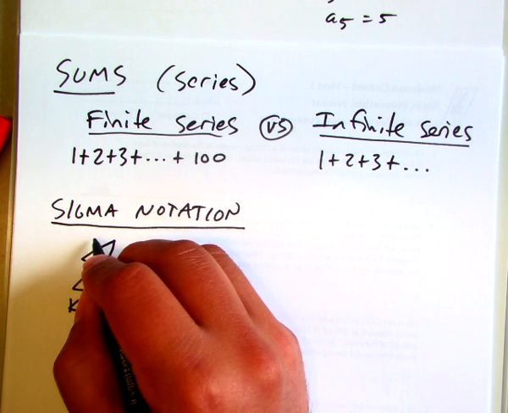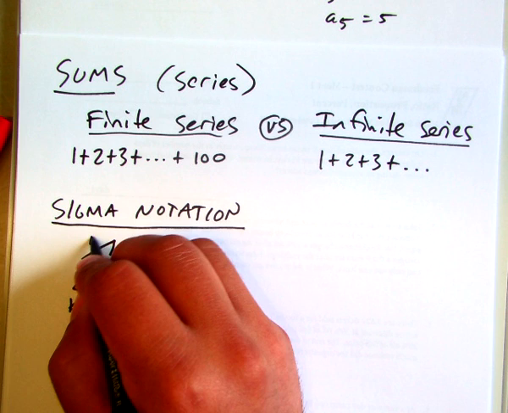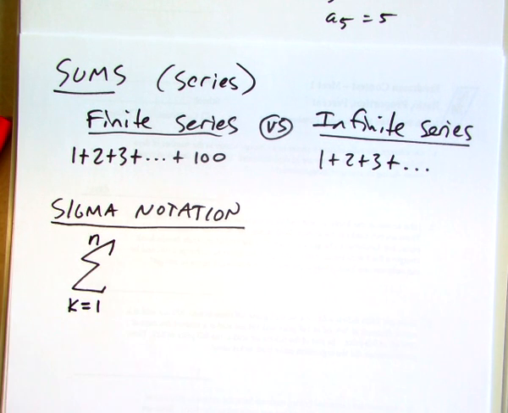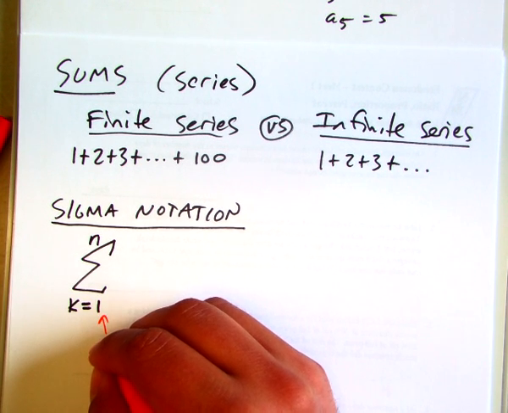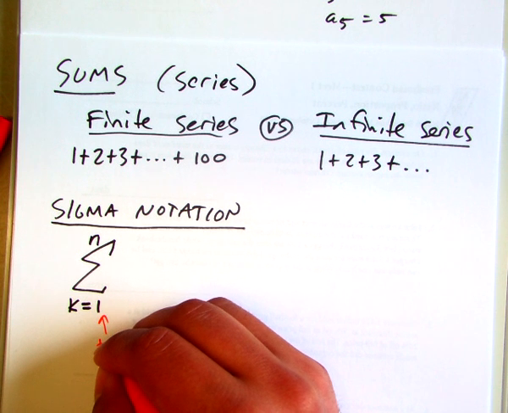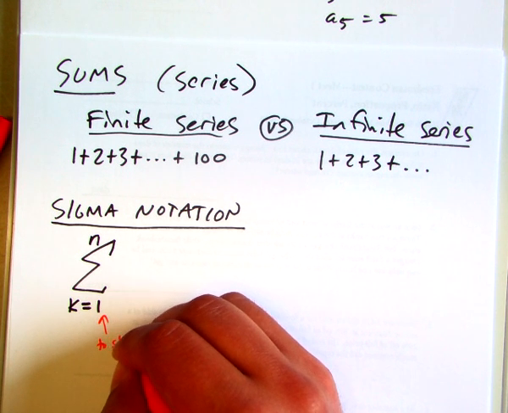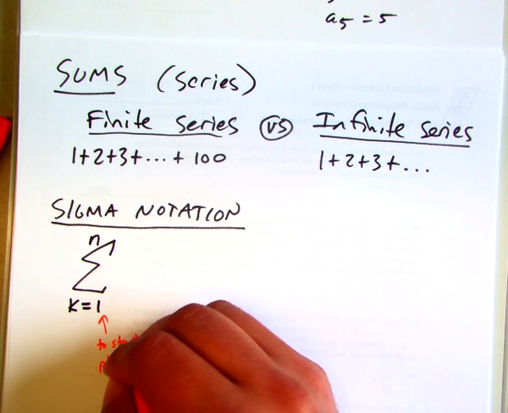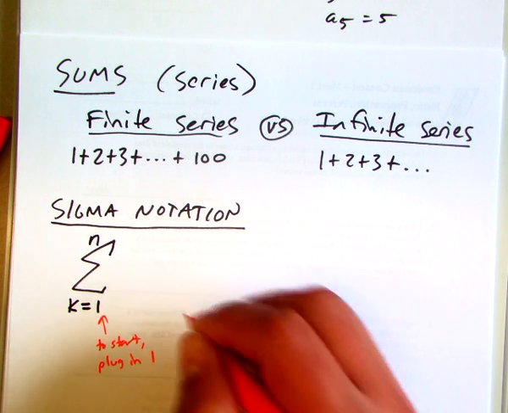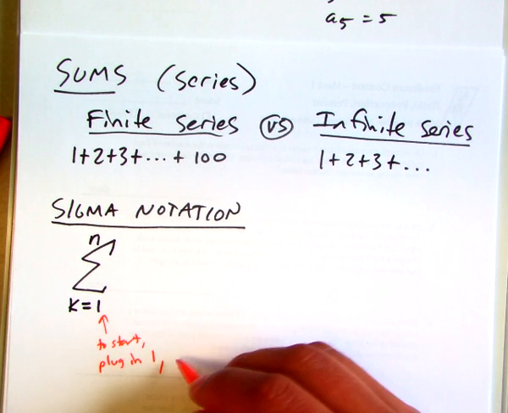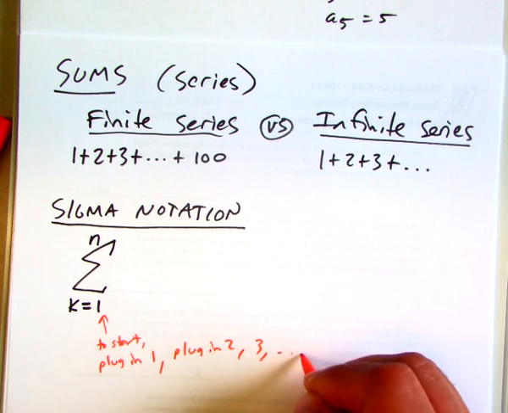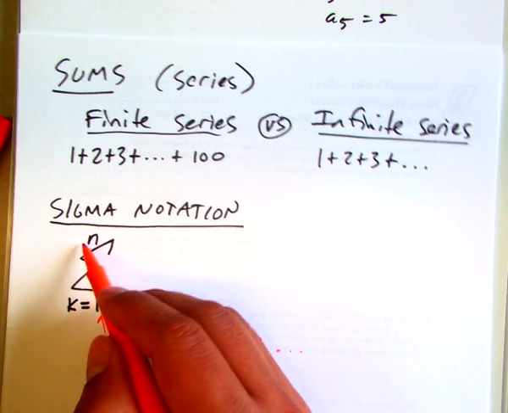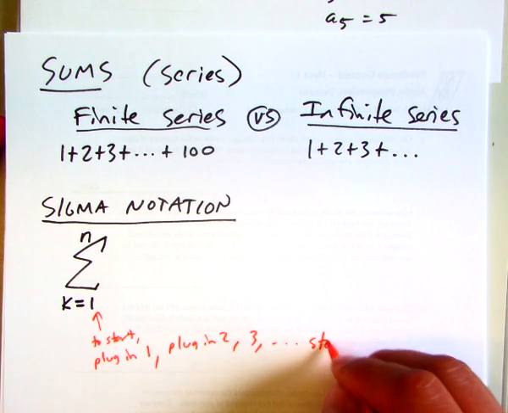On top, you'll have an end value. So to start, plug in 1. And now we keep going. Plug in 2, 3, and so on. This number up here, whatever that is, we stop there.